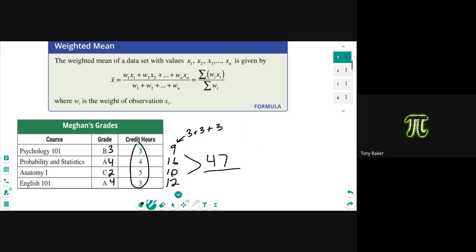I'm actually adding up the sum of these. So 7, 12, 15. So I'm actually adding up 15 numbers. So I would divide by 15. And I'm not doing that in my head. In this case, I get 3.1.